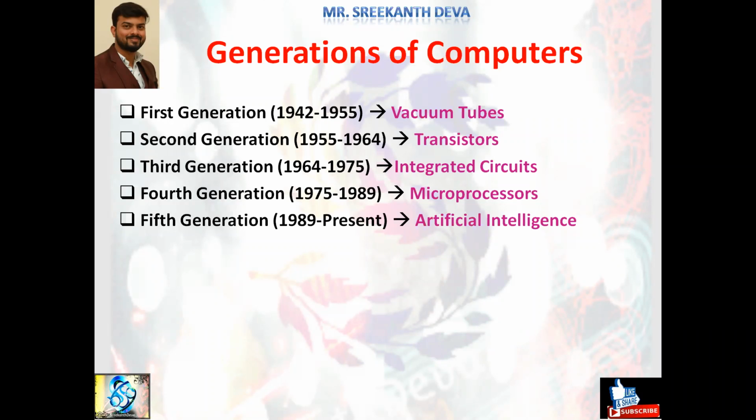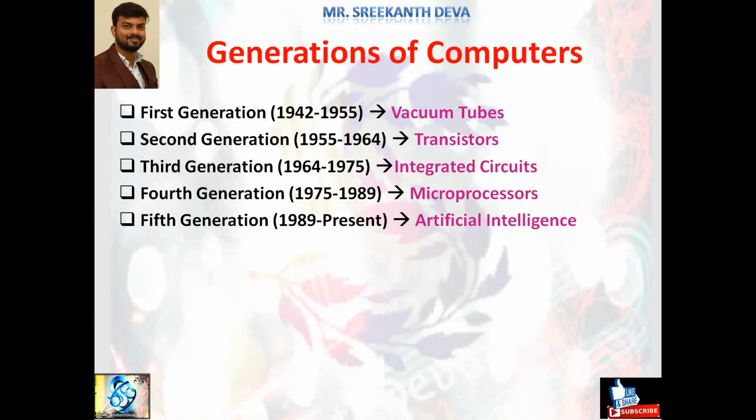The third generation, 1964 to 1975, integrated circuits are used. The fourth generation, 1975 to 1989, microprocessors are used in fourth generation computers.